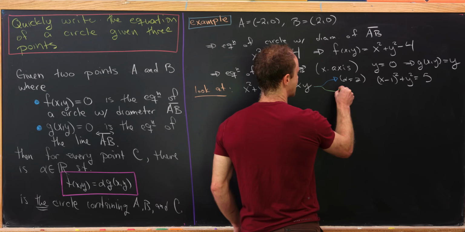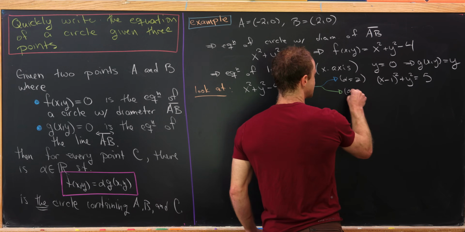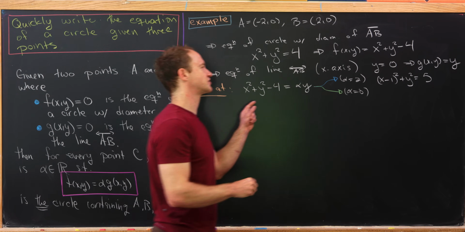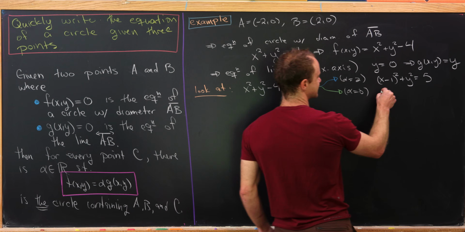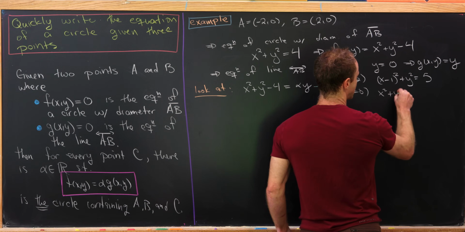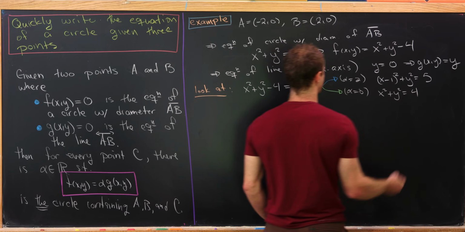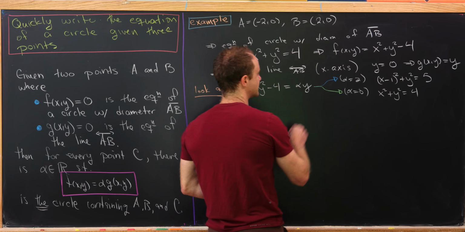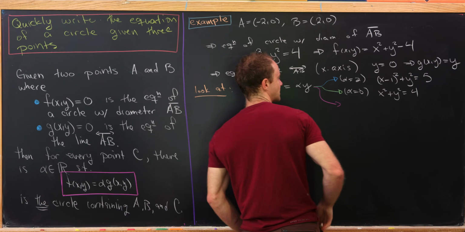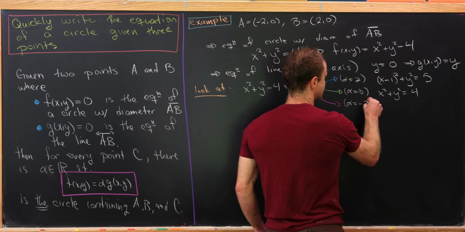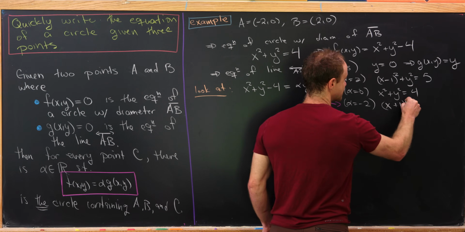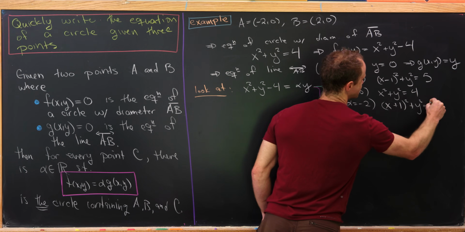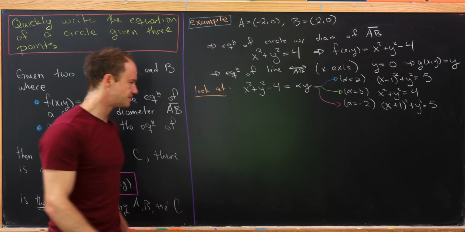And then the case when alpha is equal to 0, well, that's not a super interesting case. That's the case that we really started with, and that gives us the circle x squared plus y squared equals 4. And then in turn, let's look at the case when alpha equals -2. That's going to give us the equation (x plus 1) squared plus y squared equals 5.